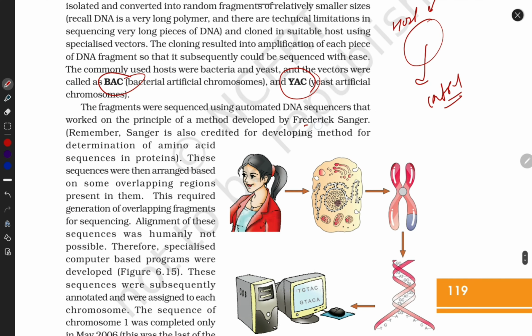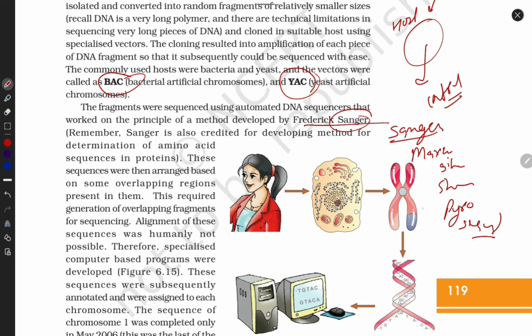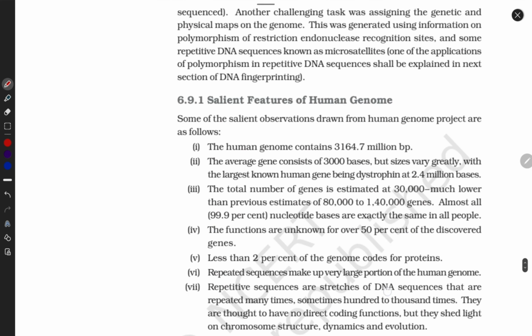Okay, how did we sequence? The main methods at that time were Sanger's method, Maxam-Gilbert method, shotgun method, pyrosequencing. There are multiple sequencing methods. With the help of these, we sequence the DNA.